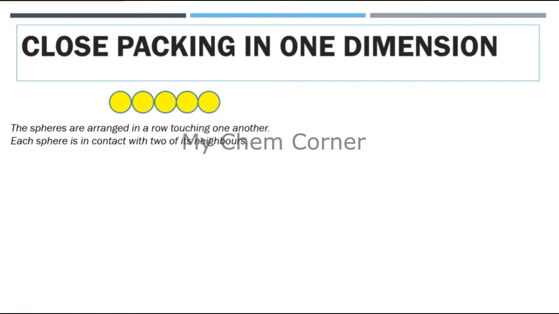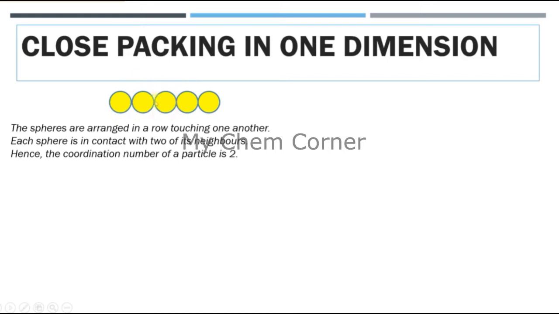When we say that it is in contact with 2 other neighboring atoms, there is a particular terminology for it. It's called the coordination number. Coordination number means how many spheres are in contact with that particular sphere, or how many spheres are touching that particular sphere. So the coordination number of this particular atom is 2 because it's contacting 2 atoms.